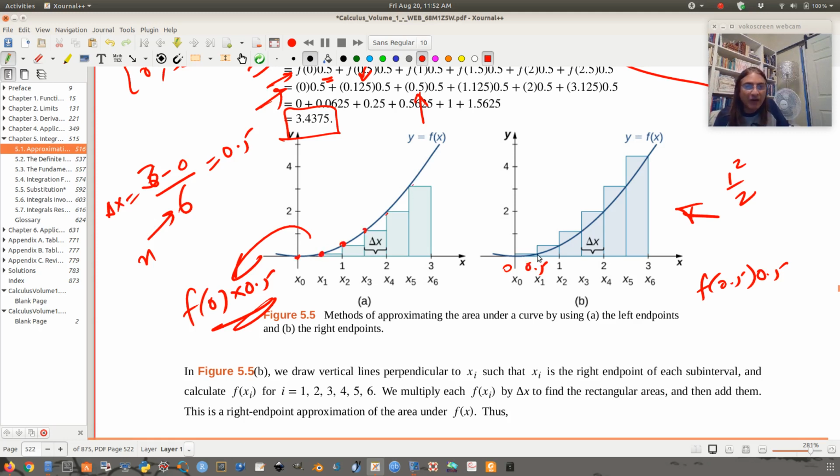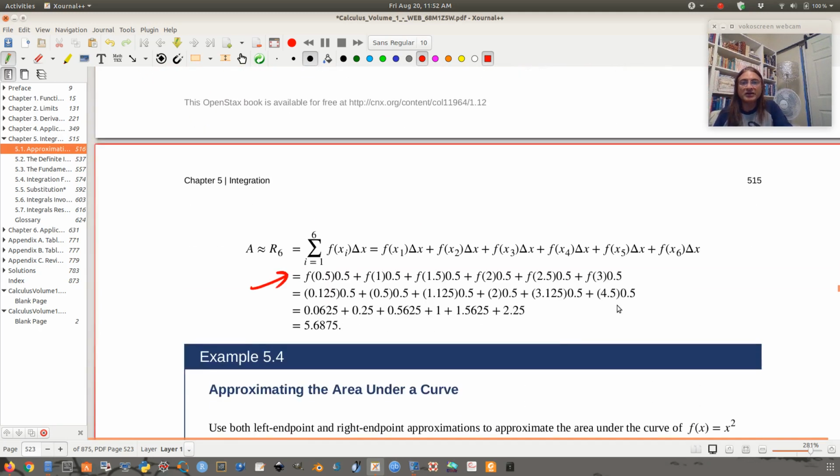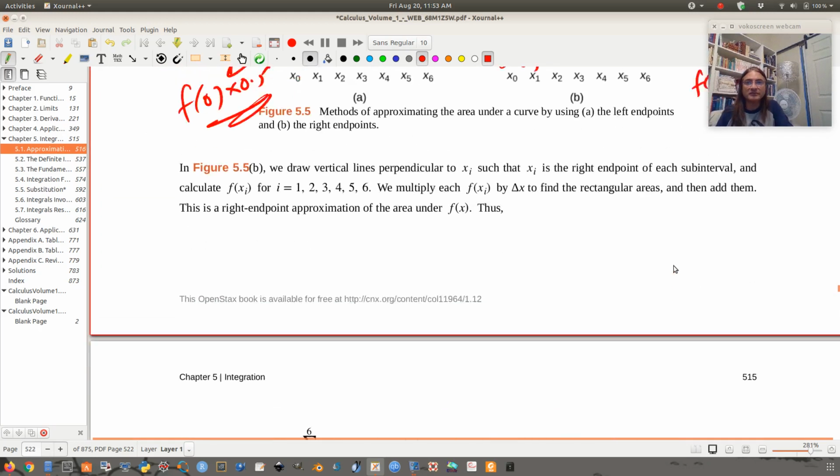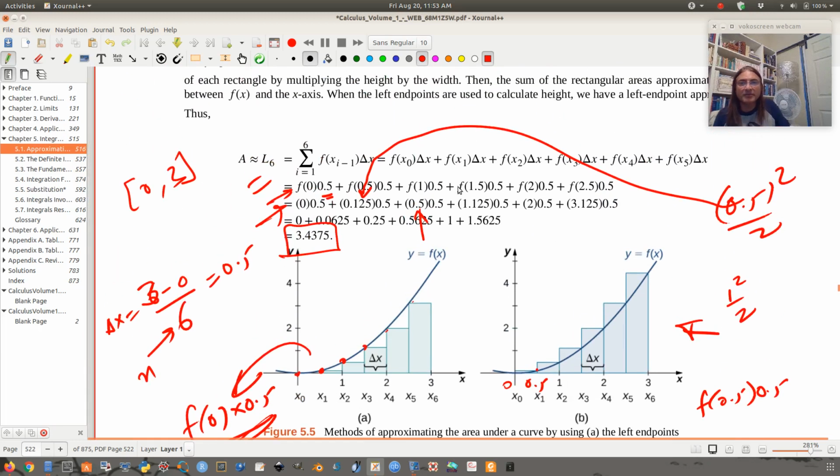Here you're taking the right one, f of 0.5 times 0.5. So here the approximations are f(x1), f(x2), f(x3) up to f(x6). These are the ones we're adding. This is the right-hand approximation. The left-hand approximation goes from f(x0) to f(x5). In general, they won't be the same, but close to each other.